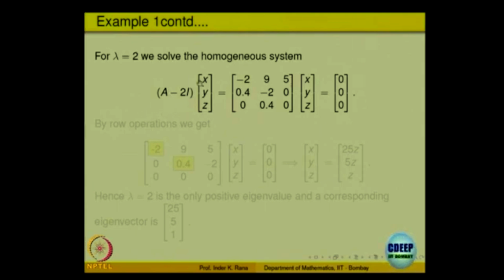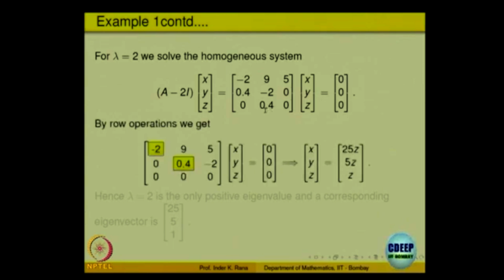A minus 2I applied to a vector x is equal to 0. So, apply that, you get a homogeneous system. How do you solve it? Reduce this to the row echelon form. So, you get this.